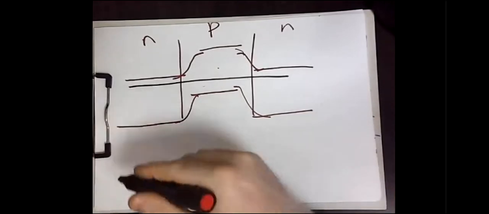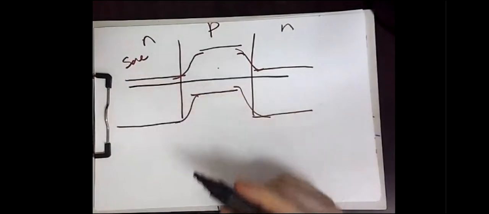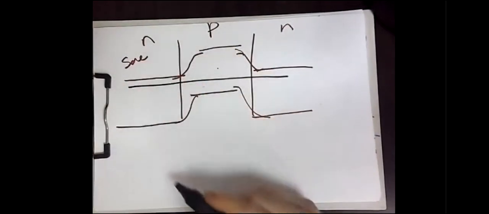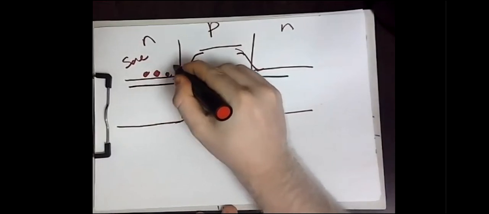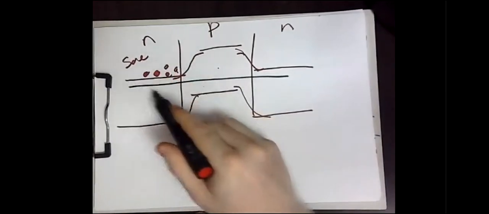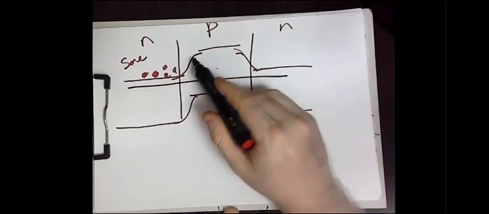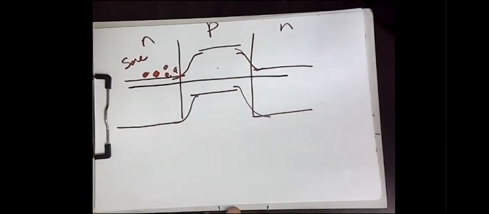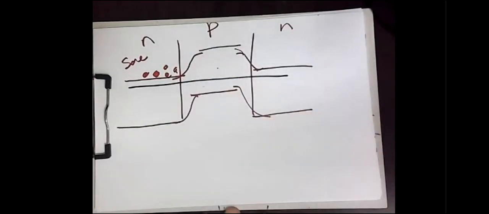For example, here the source is an N-type, so we have to expect that the majority of carriers are electrons. Are these electrons capable of moving to the drain? The answer simply is no, because these carriers will face a barrier here and will not be able to pass this barrier as long as it exists.